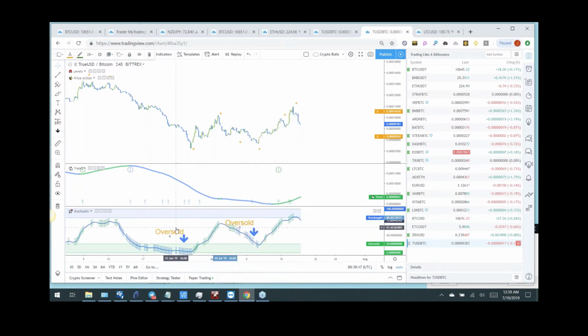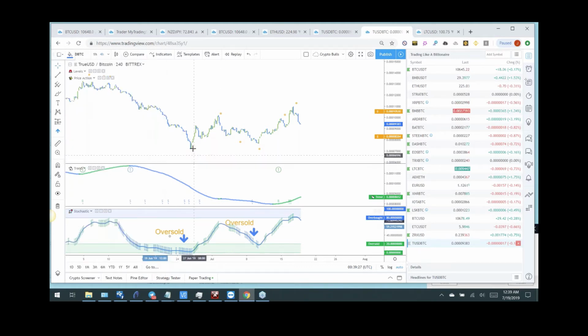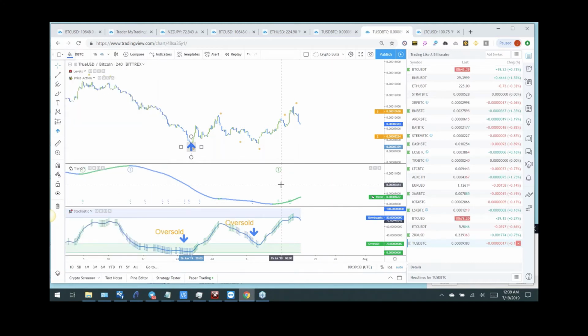So here is two opportunities where this touched the stochastics, touched down to the oversold area, and right afterwards we get a reversal. So nobody knows actually how far the market's going to go. We just know that we're going to get potentially reverse off of these levels, and we position ourselves.